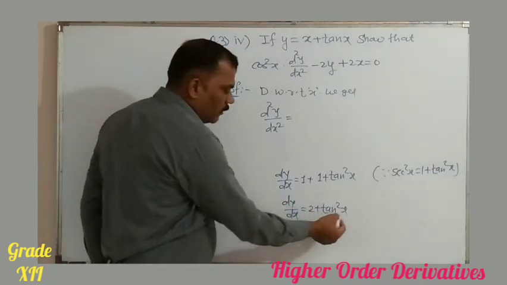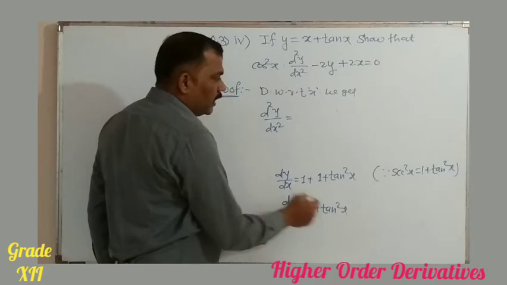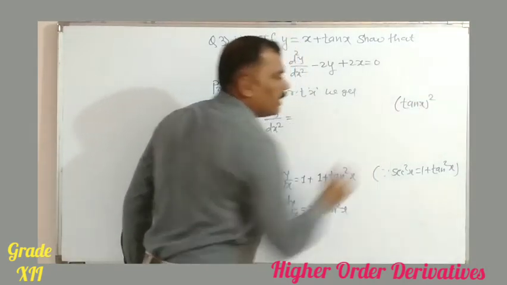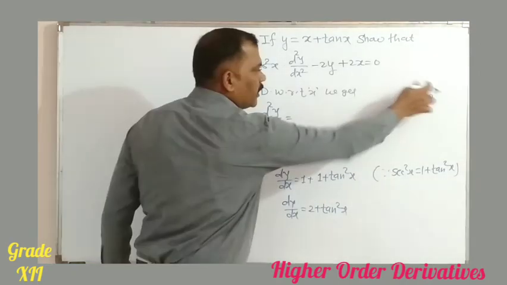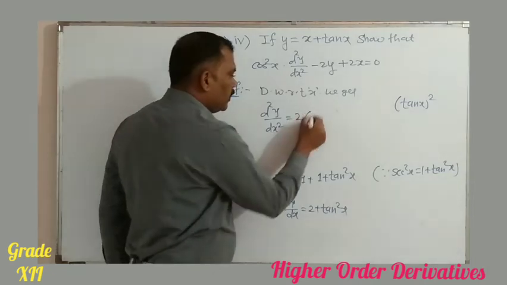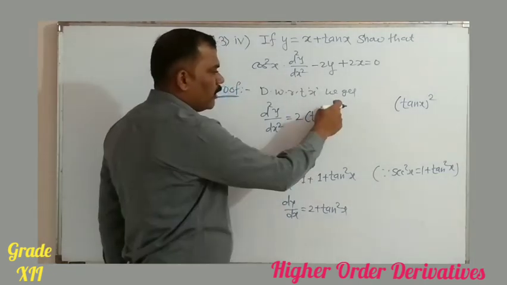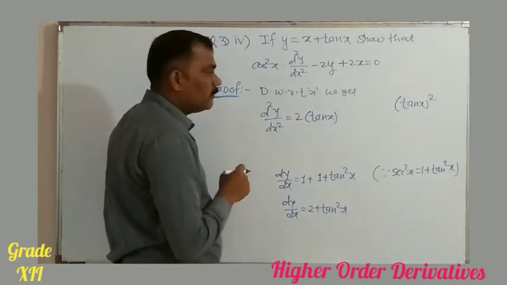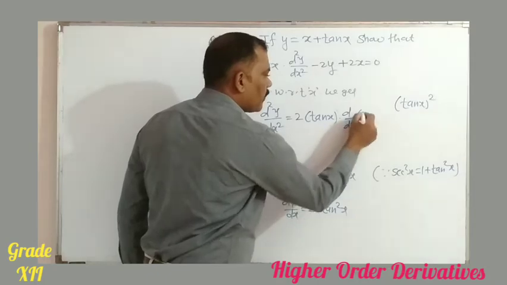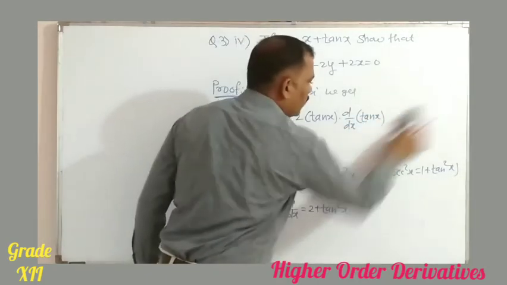Now we have to take the derivative of tan square x. How to write tan square x? Like this, tan of x bracket square. First we keep the power 2, so by using the power function formula we get 2 times tan x. From the power we subtract 1, so 2 minus 1 is 1. Now we keep the finger on tan x, so d dx of tan x.